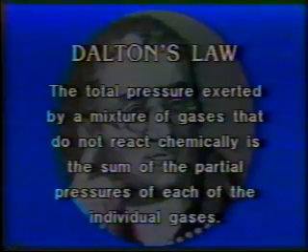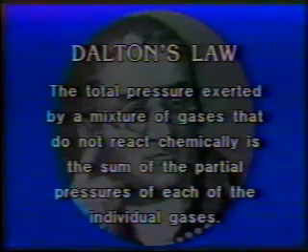In 1801, the English chemist John Dalton discovered that the total pressure exerted by a mixture of gases that do not react chemically is the sum of the partial pressures of each of the individual gases.